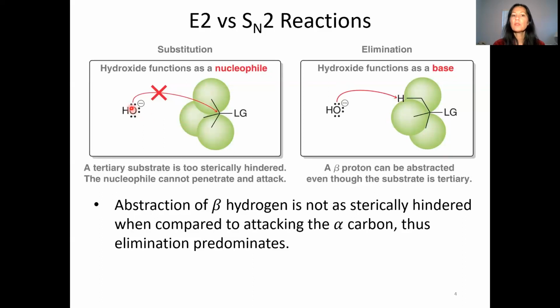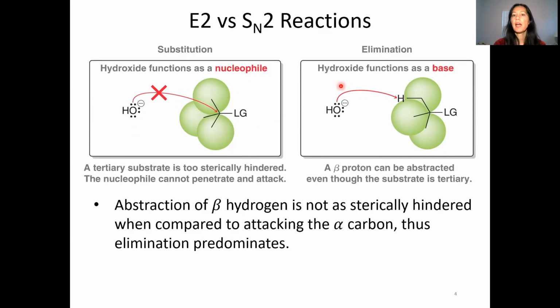So there's just really a lot of steric hindrance. So the substrate tells you, in this case, what's really going to happen. Even though hydroxide is small, it's really hard to get into that trigonal bipyramidal transition state.